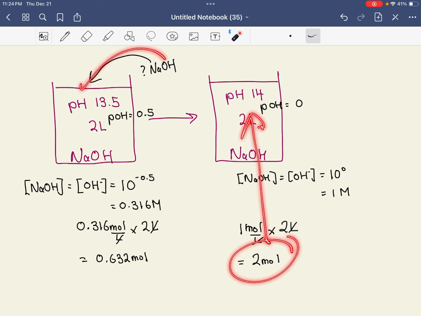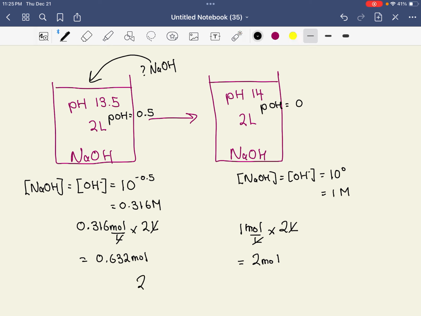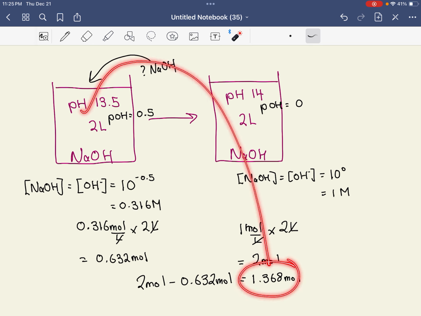So how much do I add? Well, that's pretty simple. Take the difference of the final and the initial. So 2 minus 0.632 is 1.368. So you're going to add this amount in here.